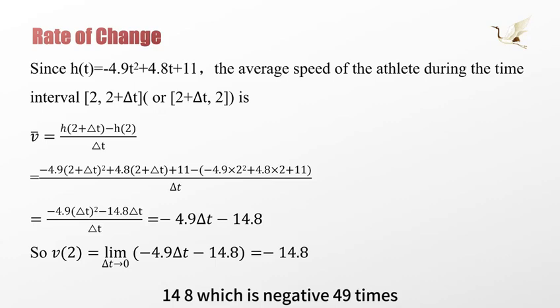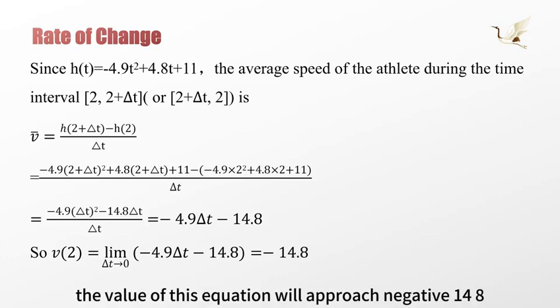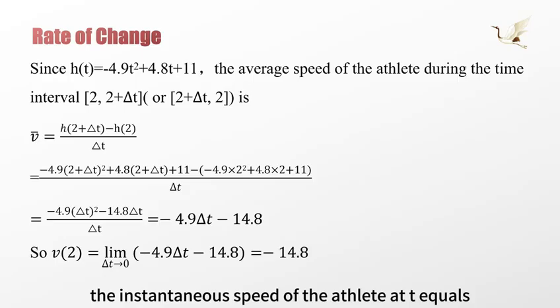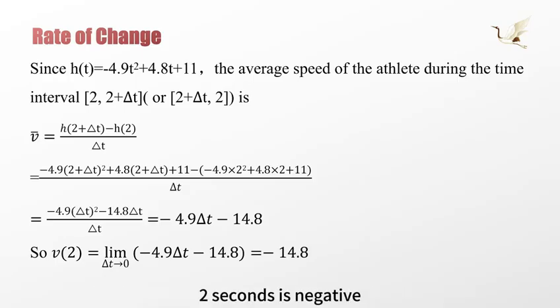Obviously, when delta t approaches 0, the value of this expression will approach -14.8. So the limit of this expression when delta t approaches 0 is -14.8. That is to say, the instantaneous speed of the athlete at t equals 2 seconds is -14.8 meters per second.